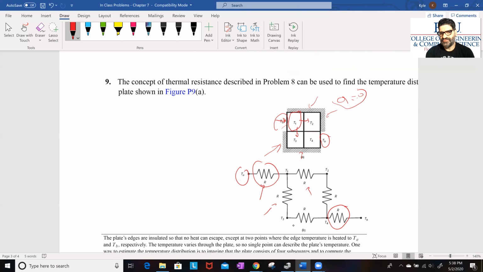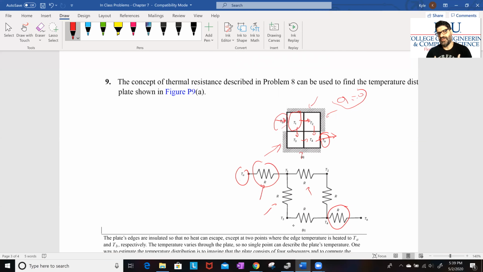Same is true for subsquare 2: this is coming and this is leaving. Same thing for this one here, this is coming and this is leaving, and here both are coming and this one is leaving. Nothing to it, just have to keep track of what heat is coming in and what heat is flowing out.